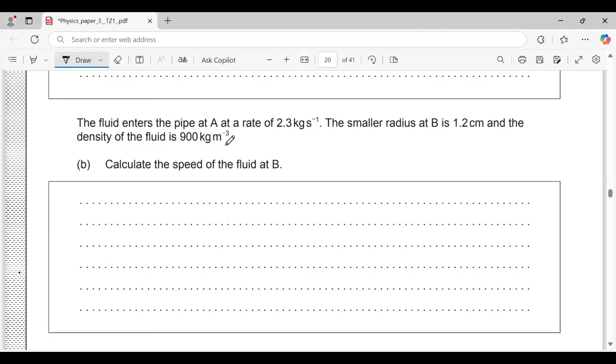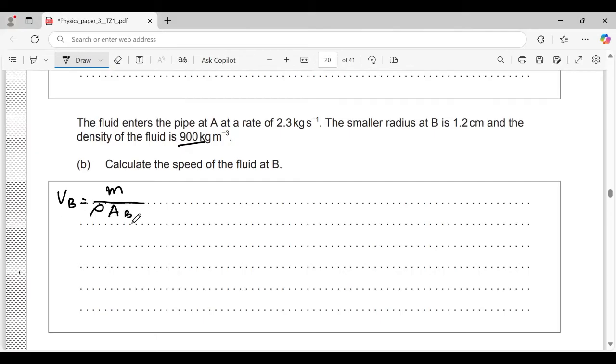Calculate the speed of the fluid at B. To calculate the speed at B, I'm going to use this formula: v_B equals m over rho times area B, where v_B is the velocity or speed at B, m is the mass flow rate, rho is the density of the fluid, and A_B is the area of B.